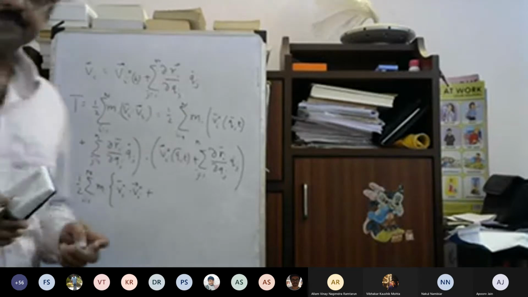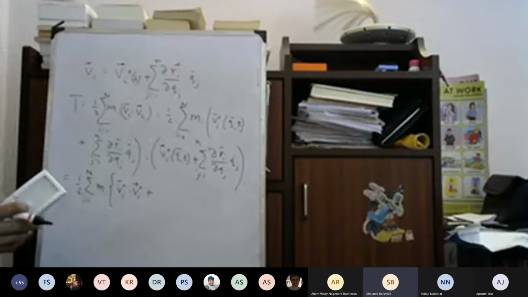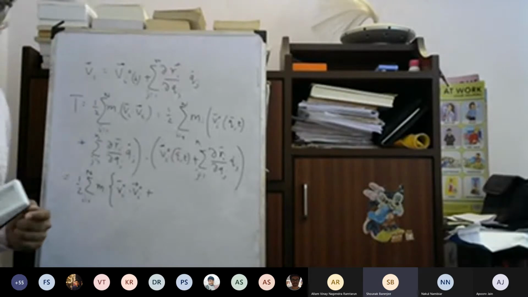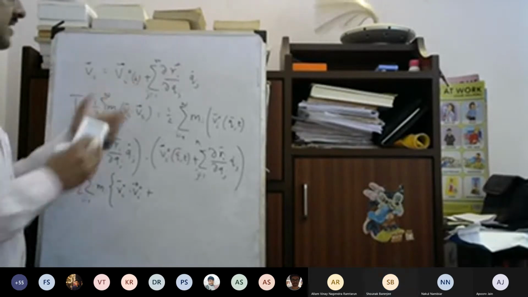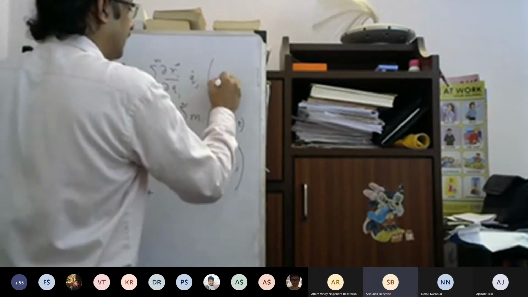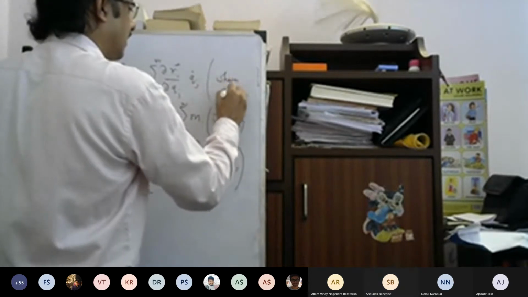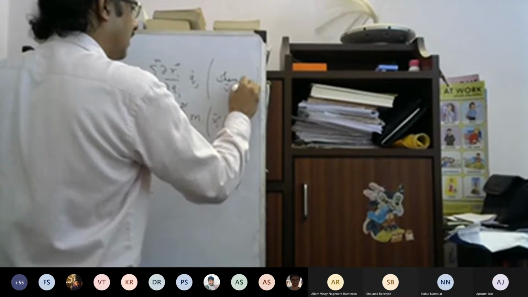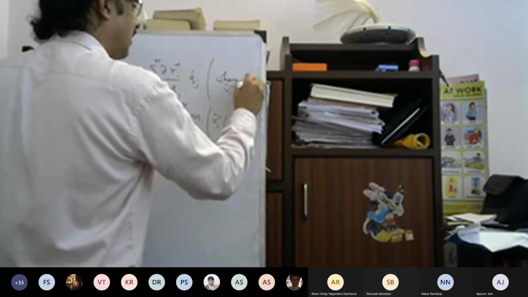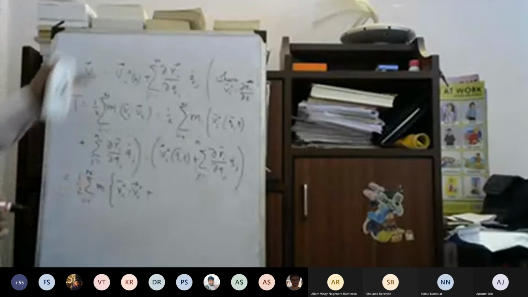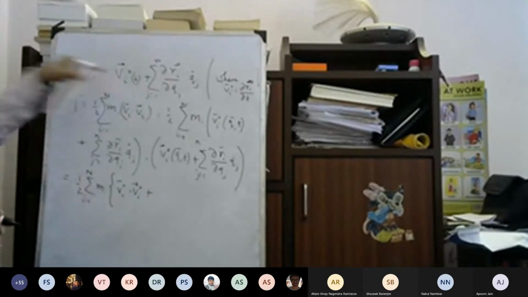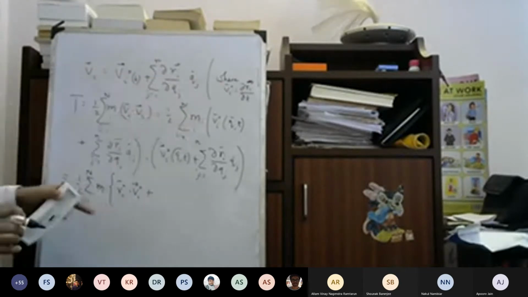So vi dot is del ri by del t, right? Yes, this is what I wrote as vi naught, just naming. This is just a name, the symbol for del ri by del t.